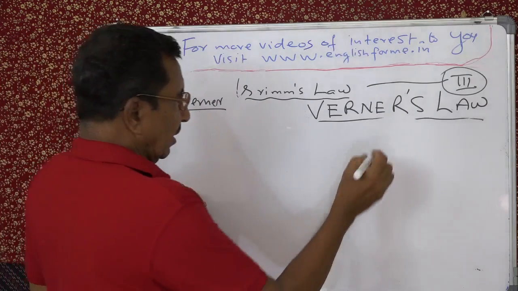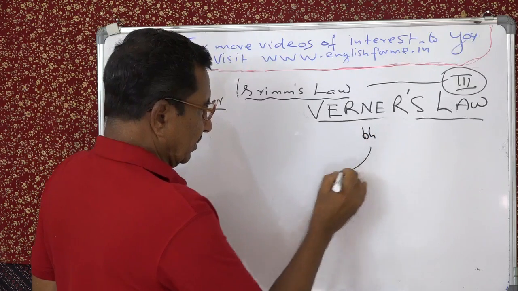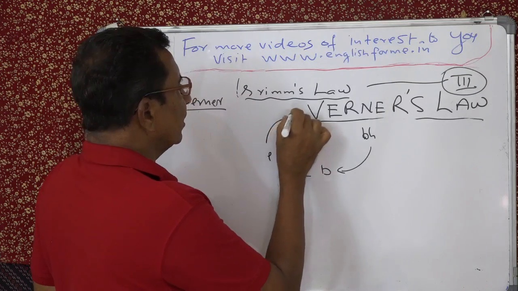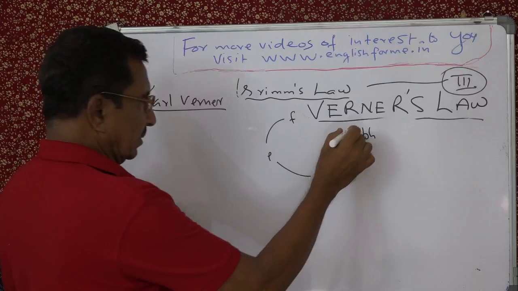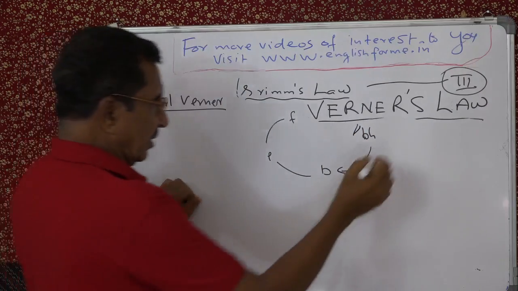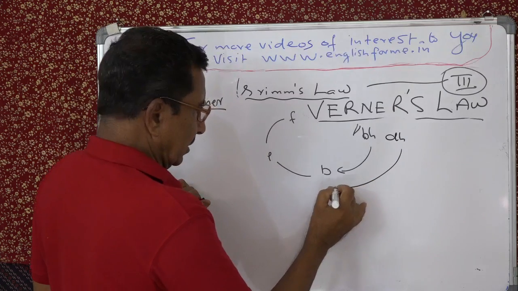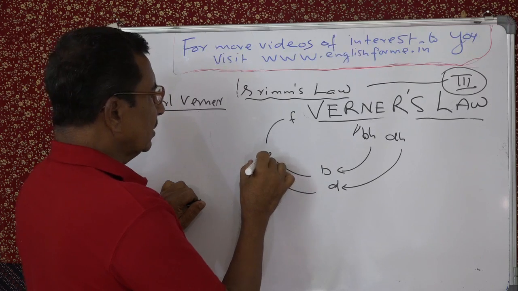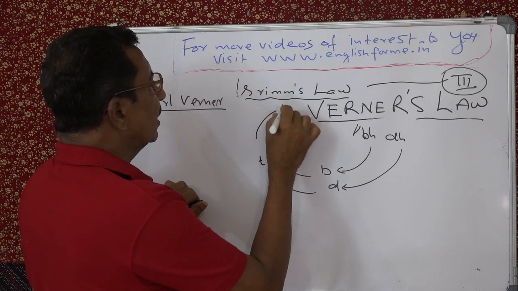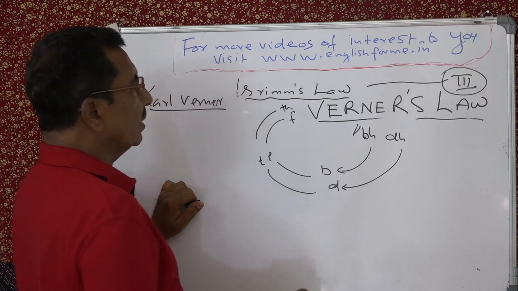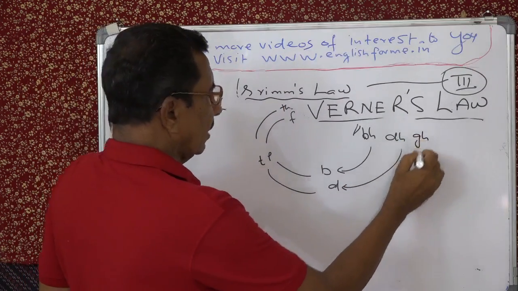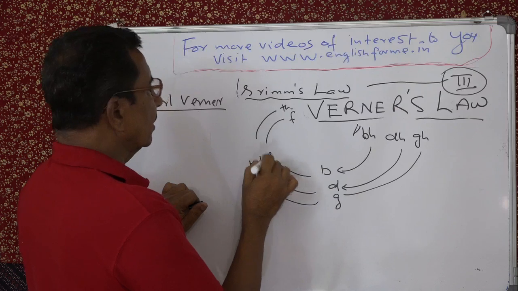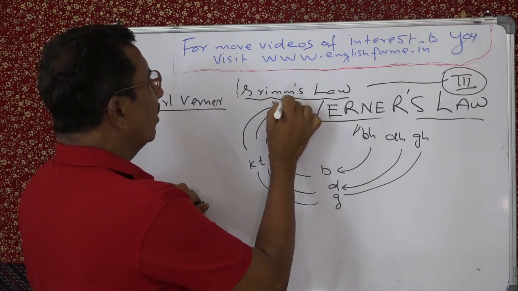Bh becomes b, and that becomes p, and that becomes f. Then dh becomes d, and that becomes t, and that becomes th. Now we have gh becomes g, and that becomes k, and that becomes h, or the h sound.